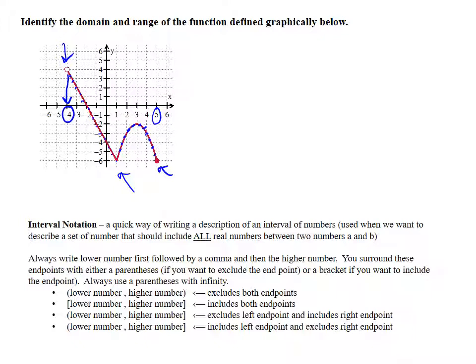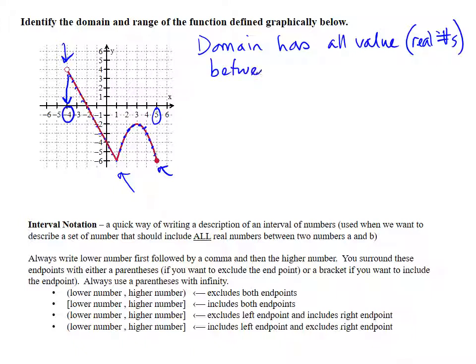So we need to show that the domain has values, all values, and specifically real numbers, between -4 and 5, and we want it to include 5, so including 5.